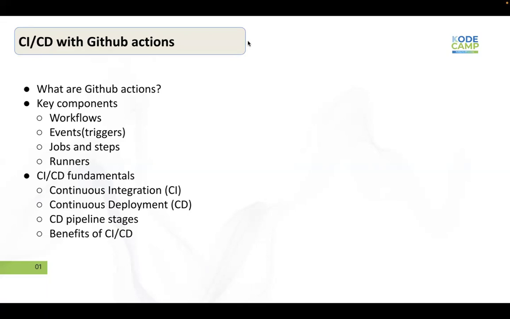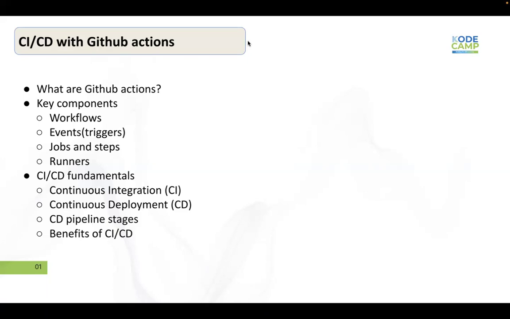They are located in the .github/workflows folder in the root of your project. Each workflow runs independently and can contain multiple jobs that run in parallel or in sequence, depending on how you specify it.